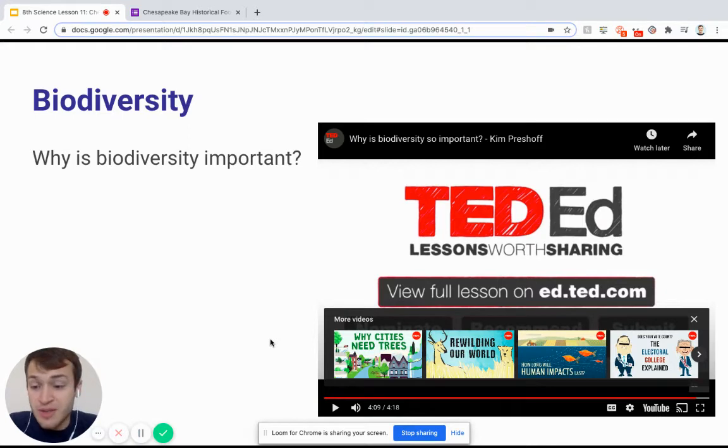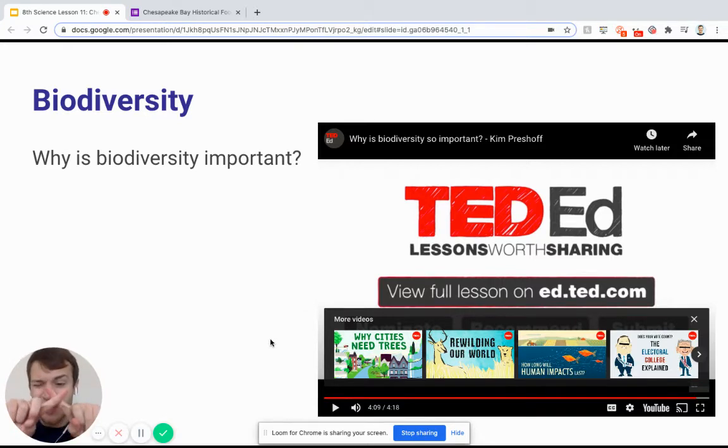So a biodiverse ecosystem is resilient. It's strong because it has so many species that if one species dies out, then there are other species that can occupy its niche. There are other species that can take on that species' role. It's kind of like a net.